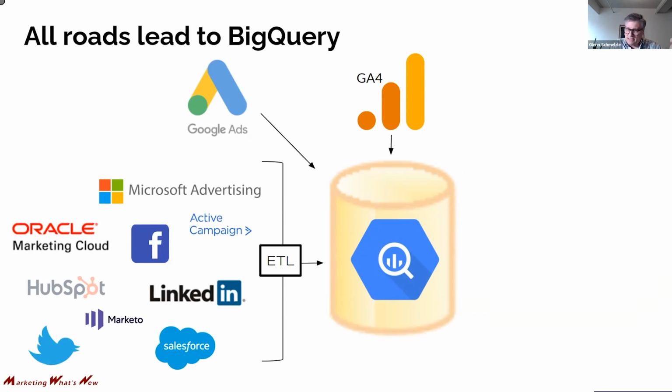And I want you to remember back to what I said at the beginning, where I showed that series of horizontal parts of our stack. Those tiers, if we think about how our data is being collected, and for example, if we're sharing information from one source to another. So for example, if we're using Microsoft advertising or Facebook advertising or Twitter or LinkedIn, that we are adding UTM parameters onto our URLs.